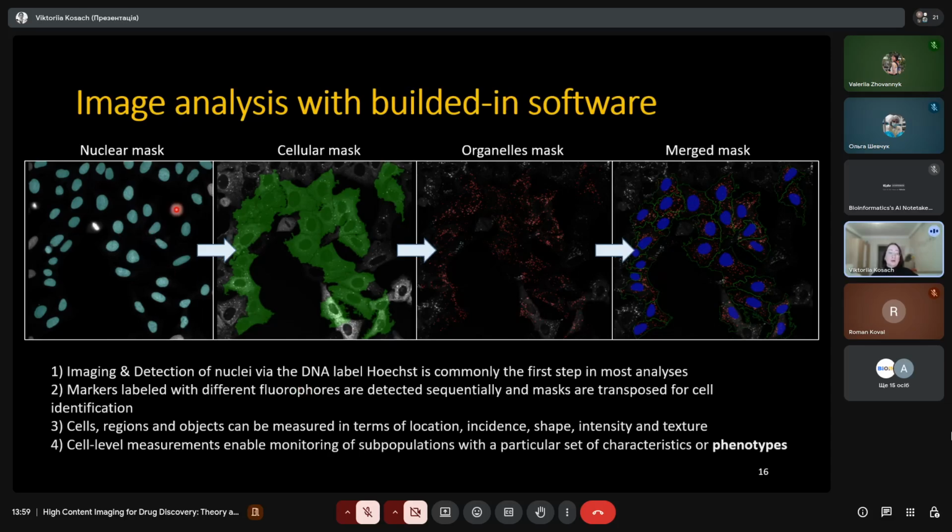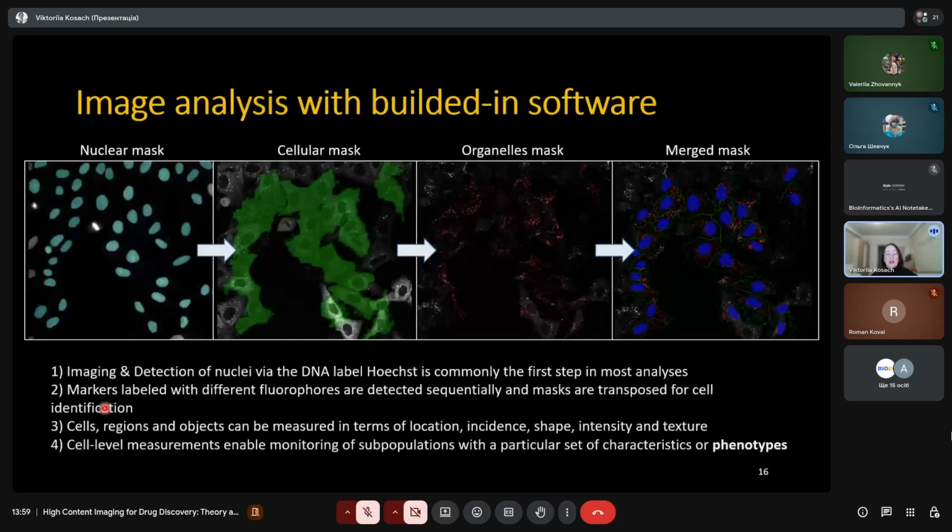It consists of segmentation of the objects that you are analyzing. So usually, firstly, you will detect the nuclei in the cells, then you could detect the whole cell and organelles that you are interested in.